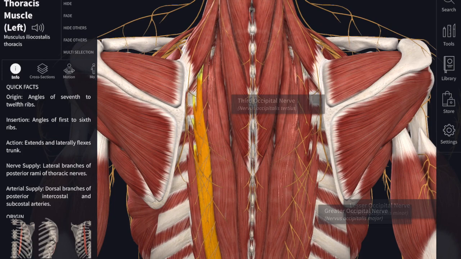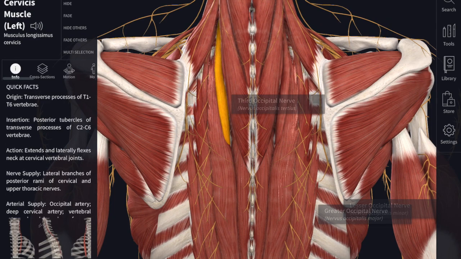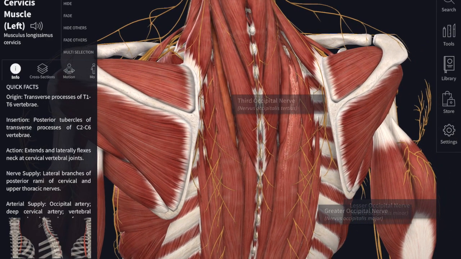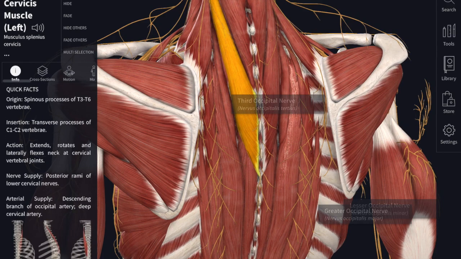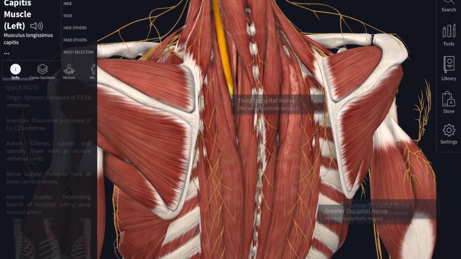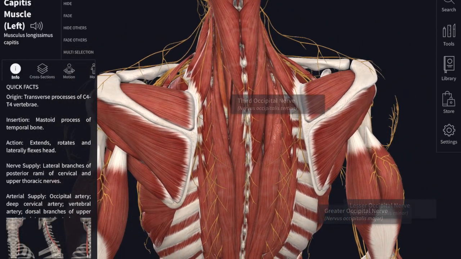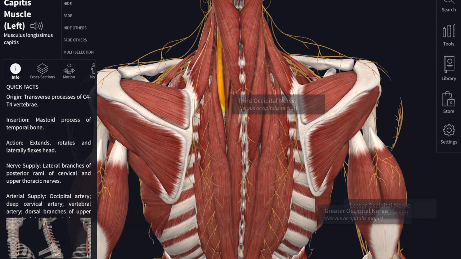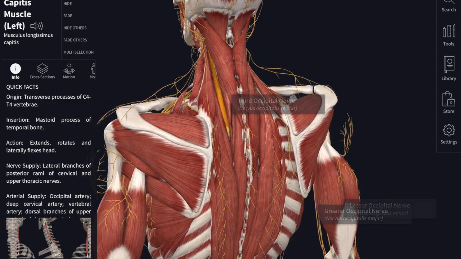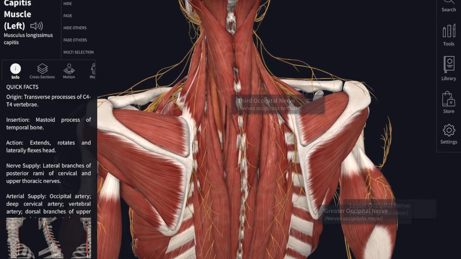But if I go to the highest longissimus muscle, you'll notice that it goes all the way up to the head. It actually connects with the head, and that makes it the longissimus capitis.